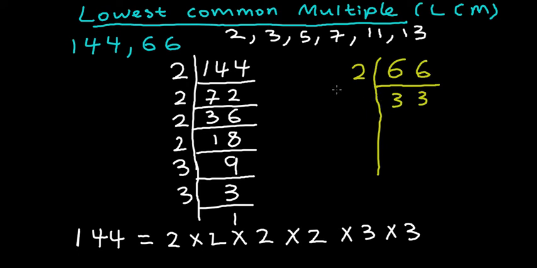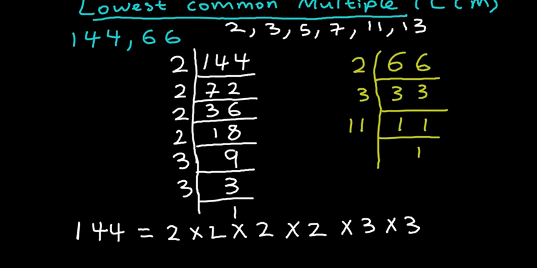Okay, 2 can no longer divide, but 3 can divide 33. So 3 in 33, 11. 3 can no longer divide without a remainder. 5 cannot do that. 7 cannot. There's going to be a remainder. So 11 will divide itself, which is 1.